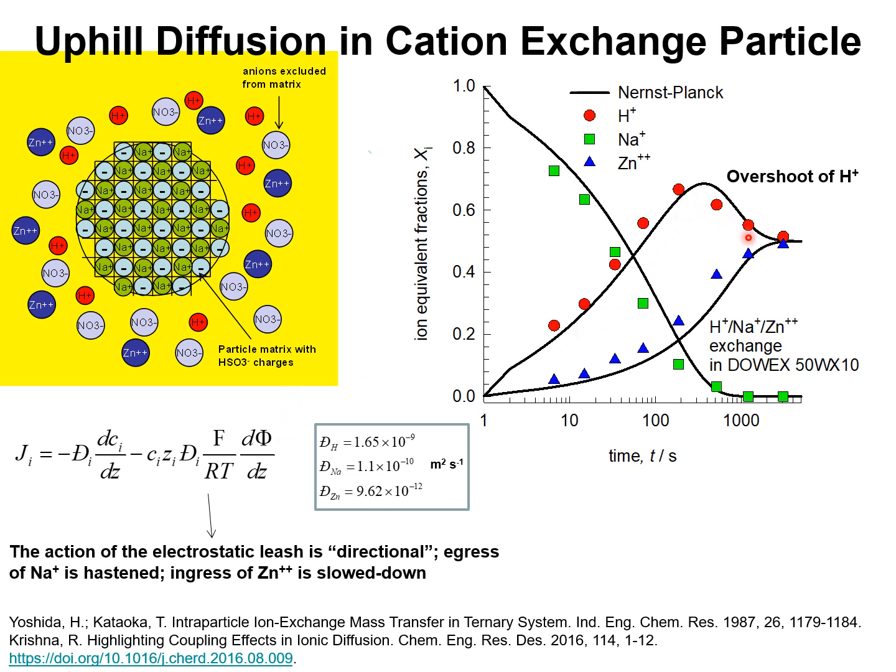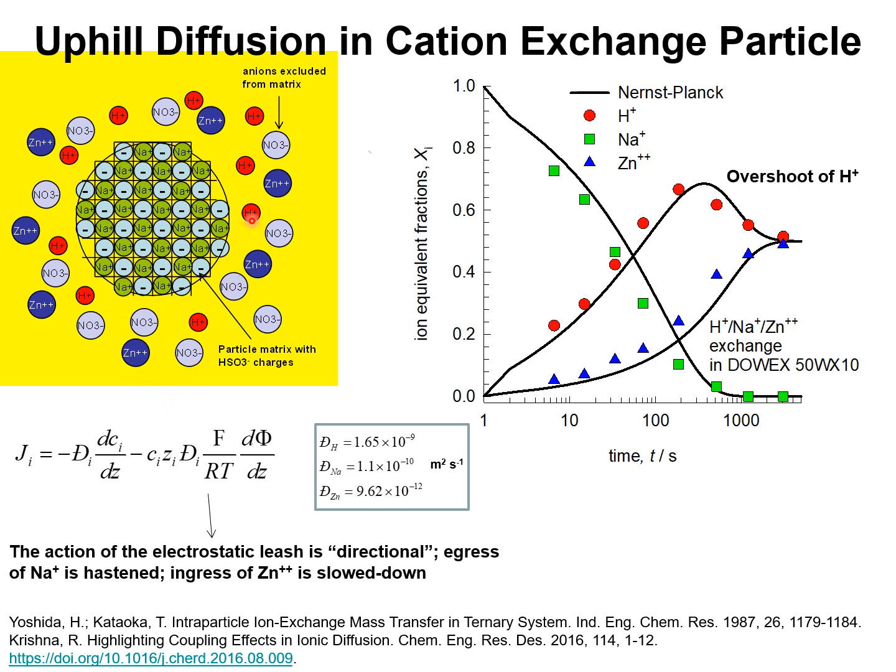The explanation in simple physical terms for the overshoot of H+ is as follows. The ionic diffusivity of H+ is about 1 to 2 orders of magnitude higher than that of sodium and zinc inside the ion exchange particle.